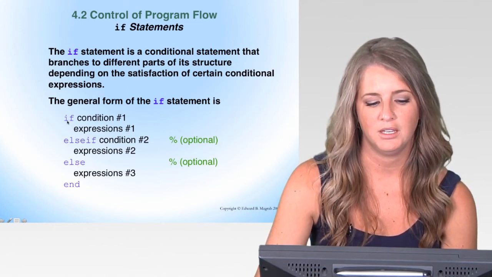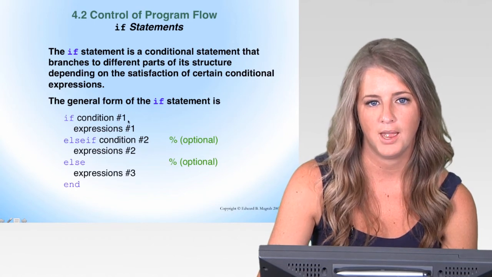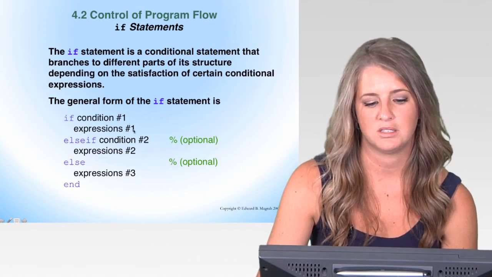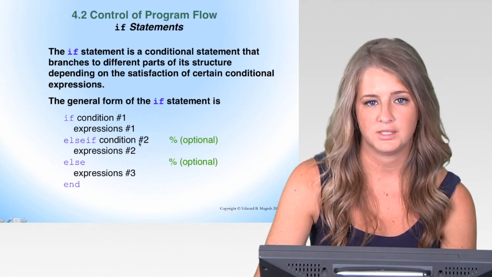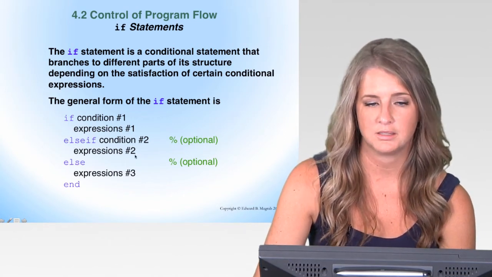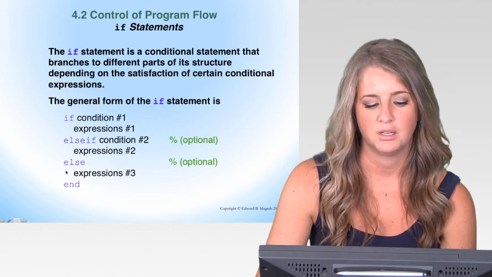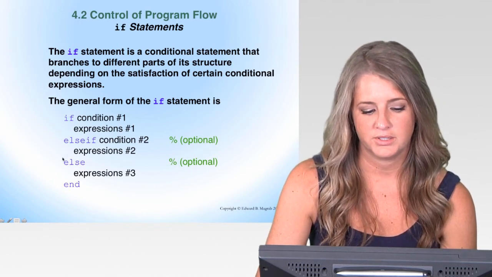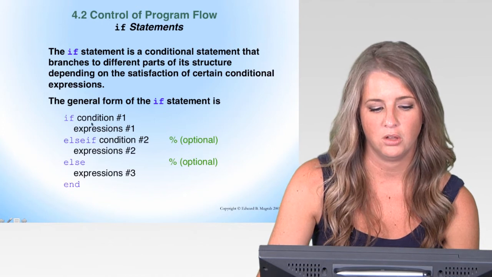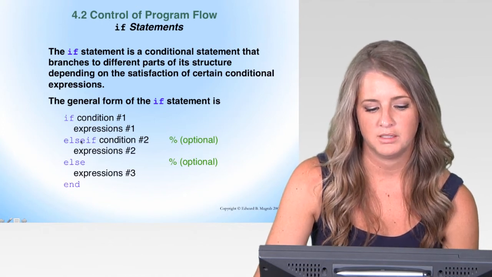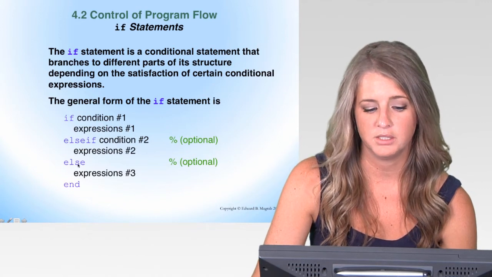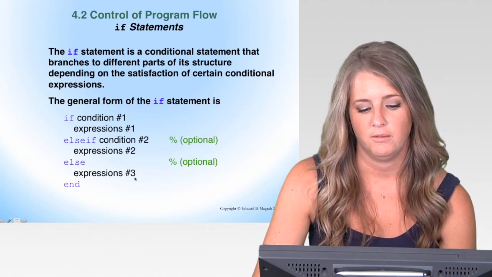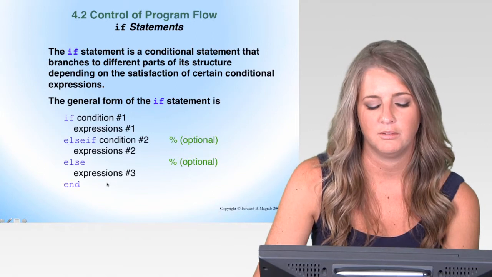So if condition 1 happens, then execute these expressions or statements. Else if condition 2 is satisfied, execute these expressions. Else, execute these. This else statement here is supposed to be a catch-all. If it doesn't apply to this condition or this condition, then all other conditions would fall into this category, and so we have expression 3 that would be evaluated.